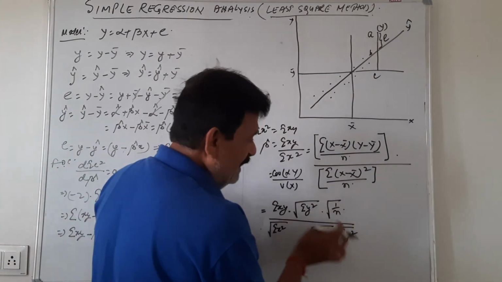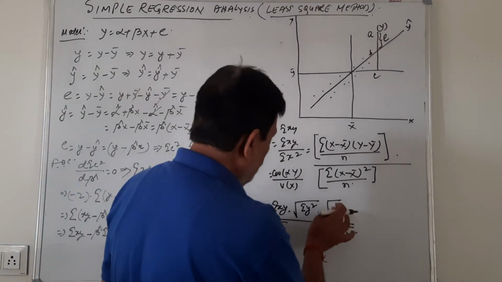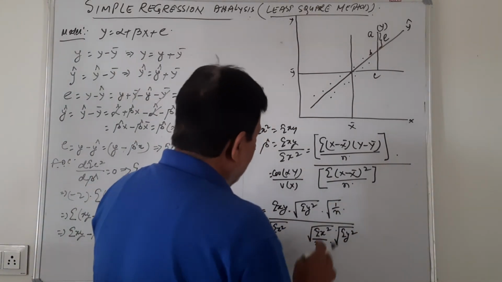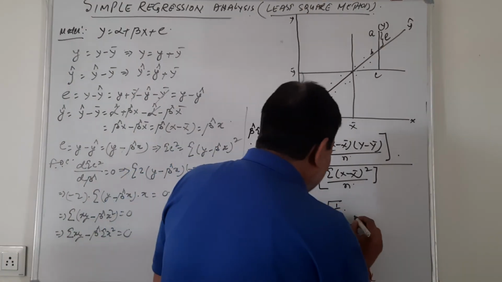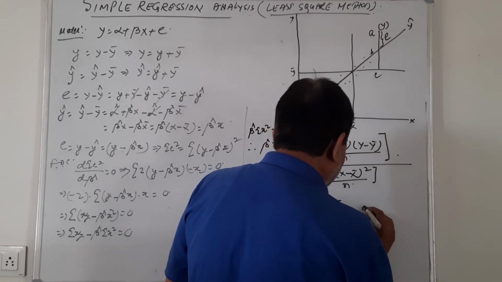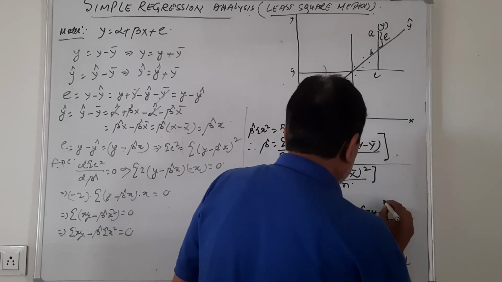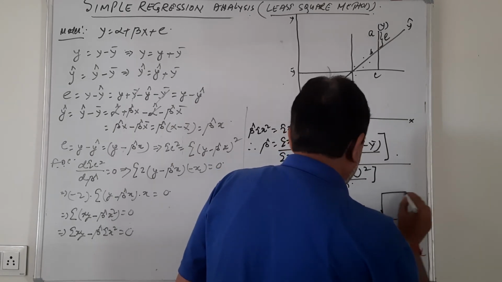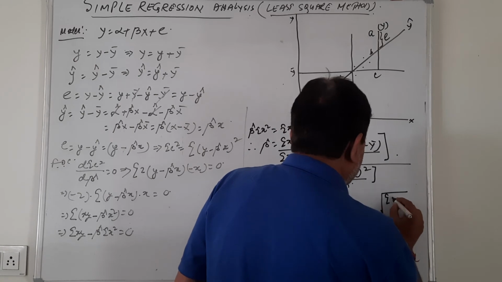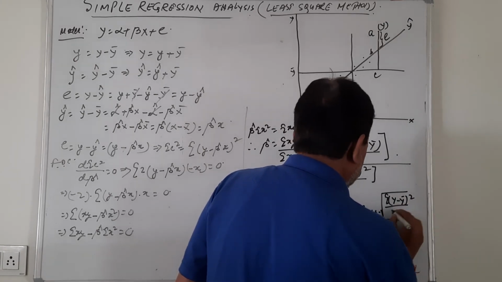It was taken in the numerator, just in the denominator, under root 1 by n. Now if it is slightly rearranged, what we find is summation xy into under root summation y minus y bar square divided by n.